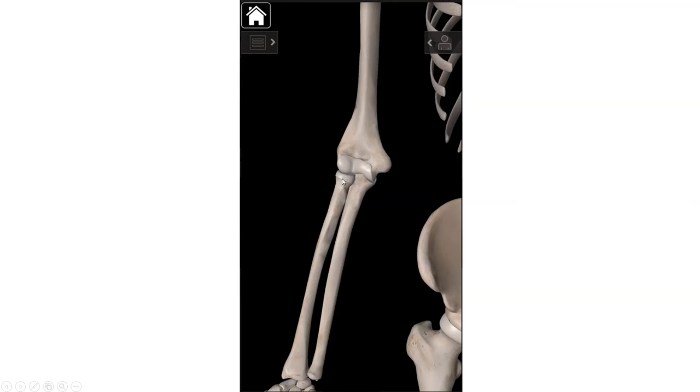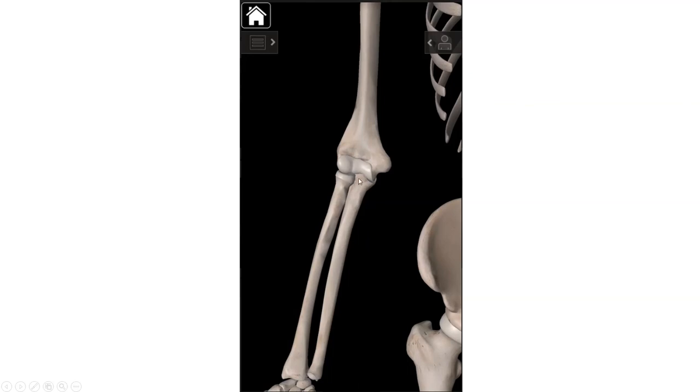Then the next one, we've got our radial ulnar joint. I skipped over one, sorry, we'll come back to the other one. Our radial ulnar joint is the interaction between the radius and the ulna. So the radial ulnar joint is right there. And that is a pivot joint.